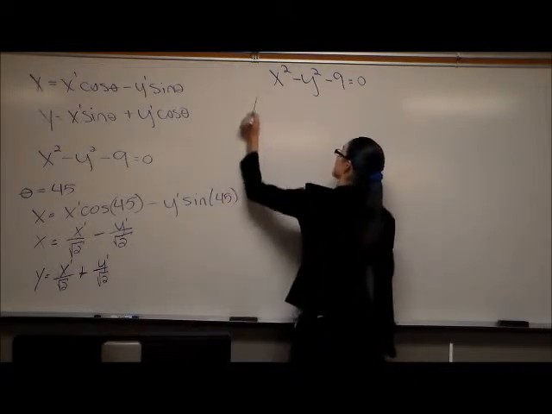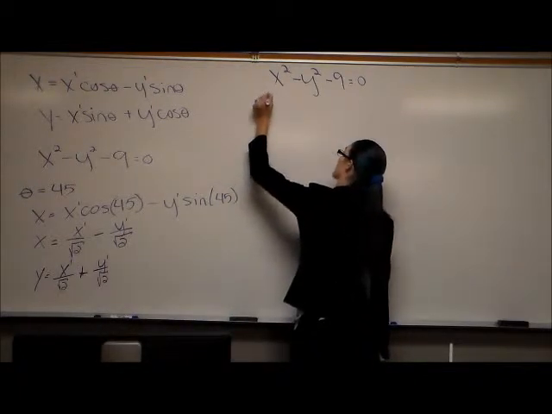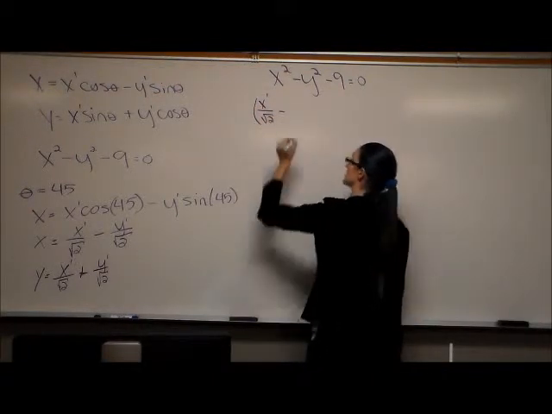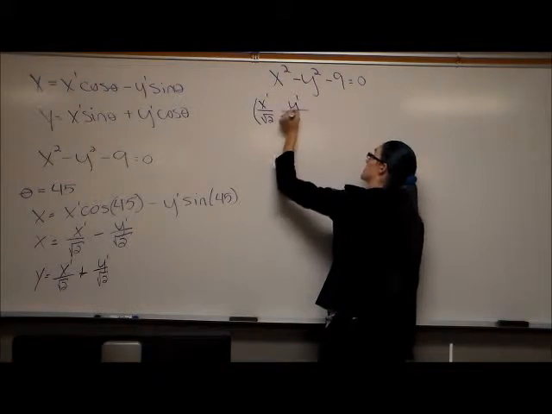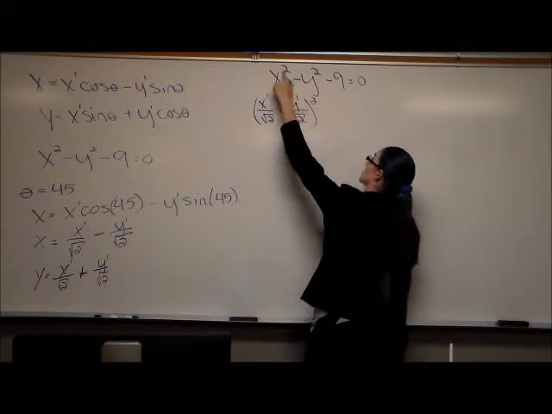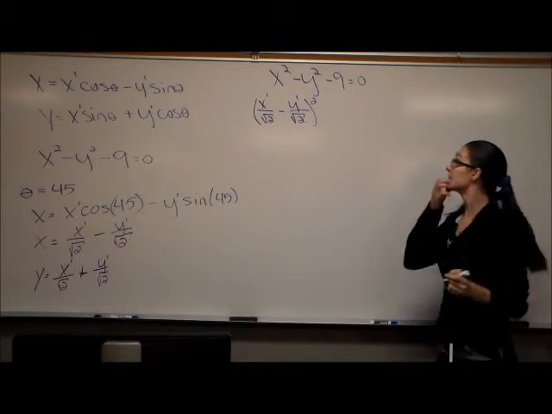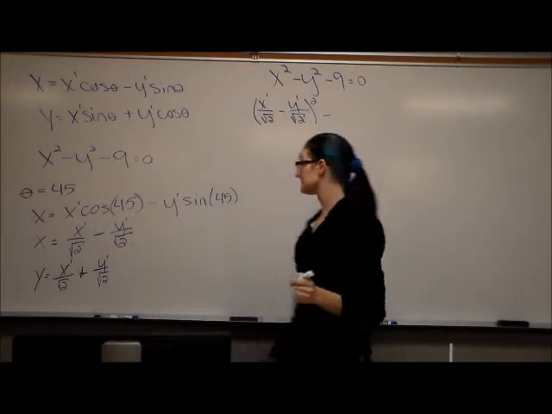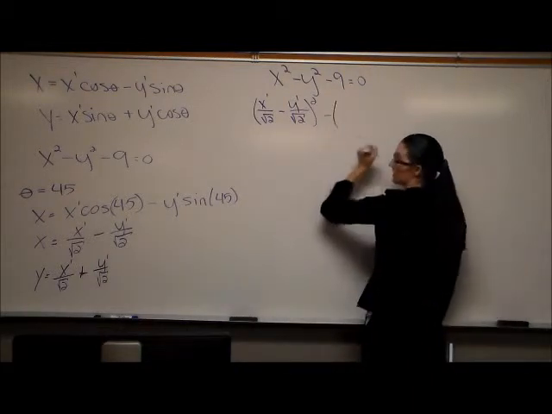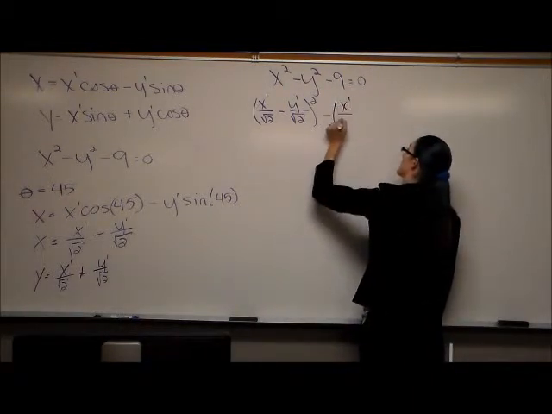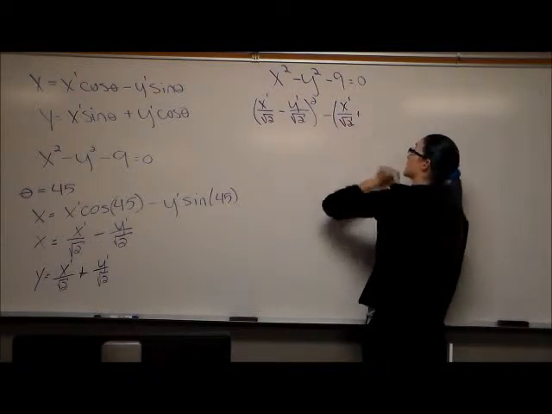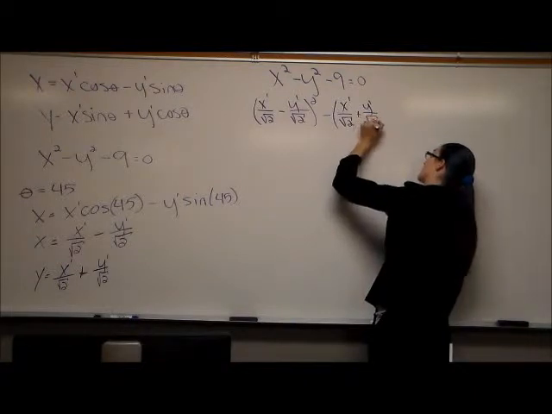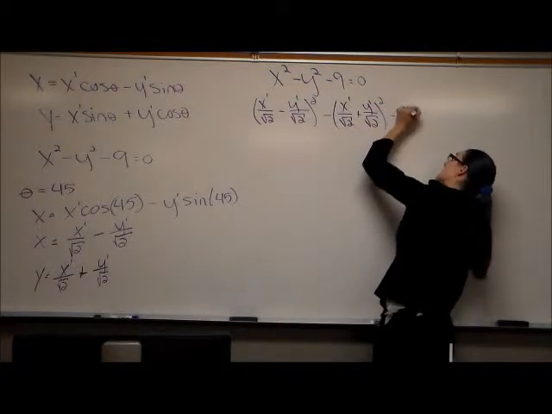So x is x prime over square root of 2 minus y prime over the square root of 2, squared because it's squared in our original, minus, because our original problem was minus our y value, x prime over the square root of 2 plus y prime over the square root of 2 again, squared, minus 9 equals 0.